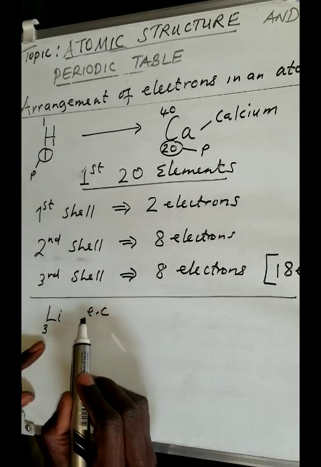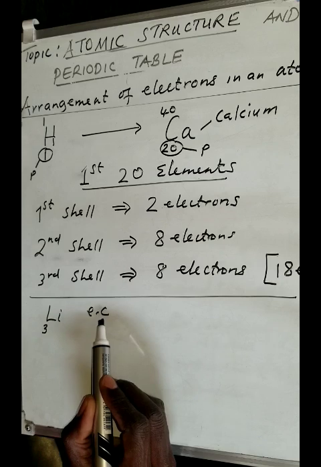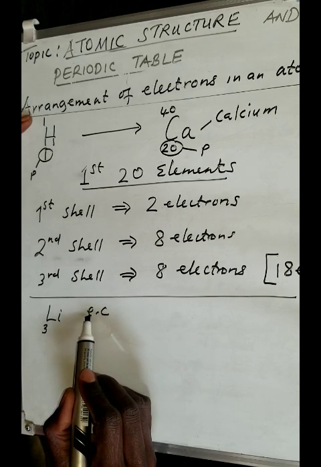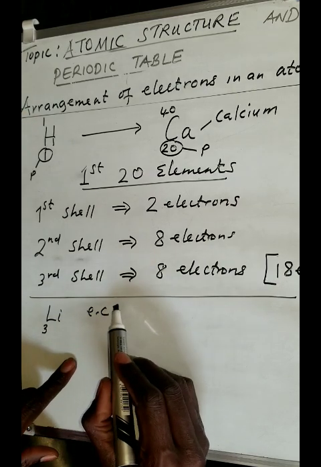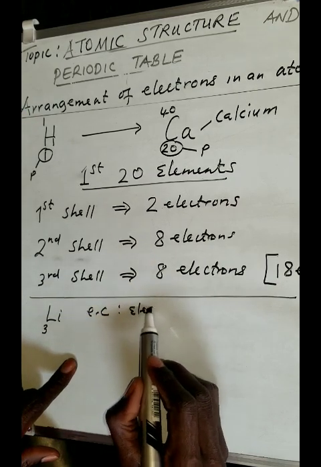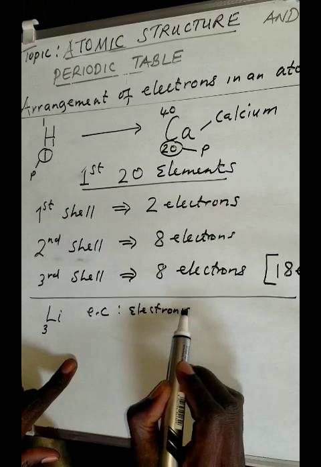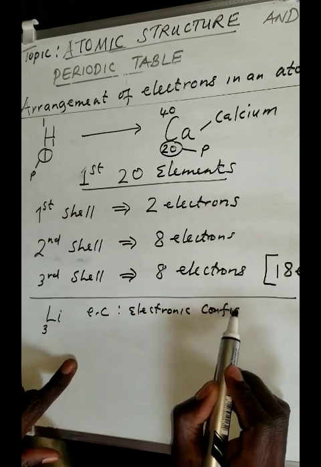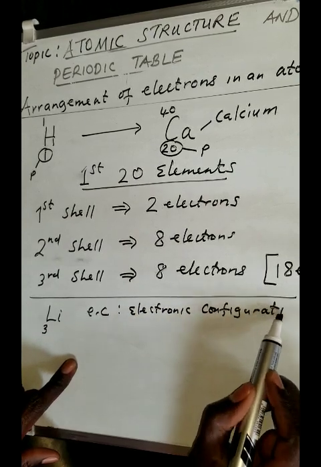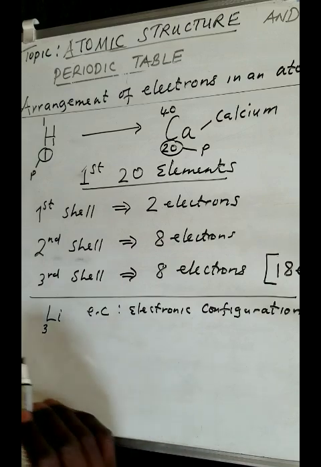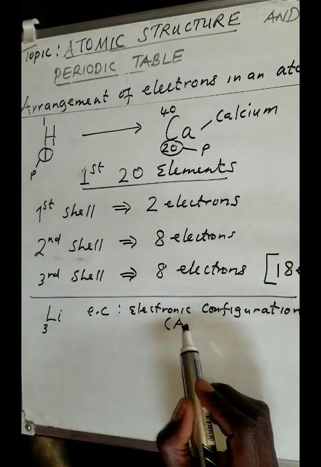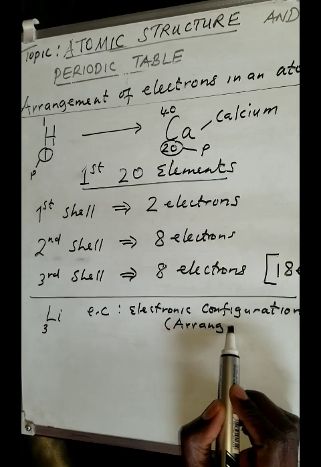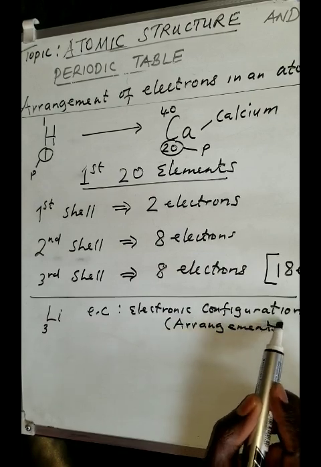So EC is electronic configuration, which is also called electron arrangement. Whenever you see me use EC, I'm simply talking about electronic configuration, which is the same as the arrangement of electrons in an atom.